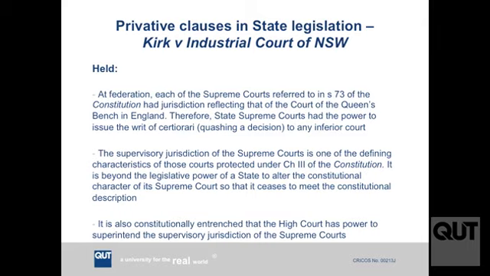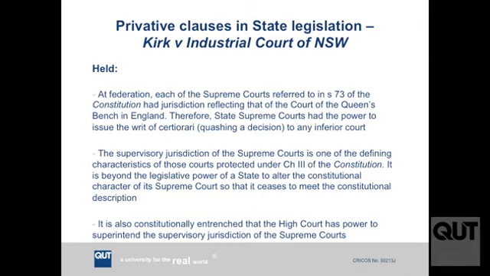The Court accepted that at Federation, each of the Supreme Courts referred to in Section 73 of the Constitution had jurisdiction reflecting that of the Court of the Queen's Bench in England, and that each accordingly had the power to issue the writ of certiorari to any inferior court. Remember that certiorari allows a decision to be quashed. This basically means that state courts can quash a decision of an inferior court in the court hierarchy if there is jurisdictional error.